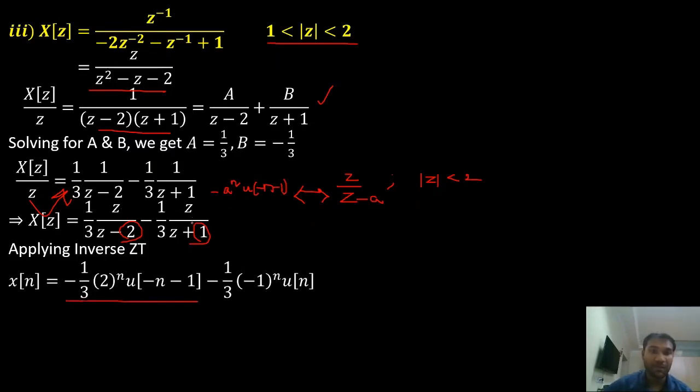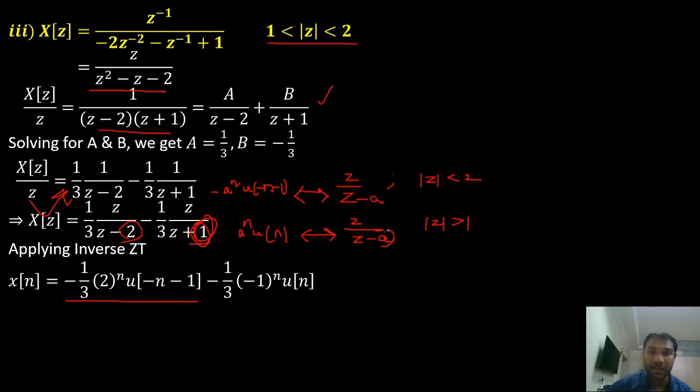For the second term, I have z by z minus a, and the ROC corresponding to this pole is mod z greater than 1. Then it is a causal signal. Causal signal means a power n u of n.